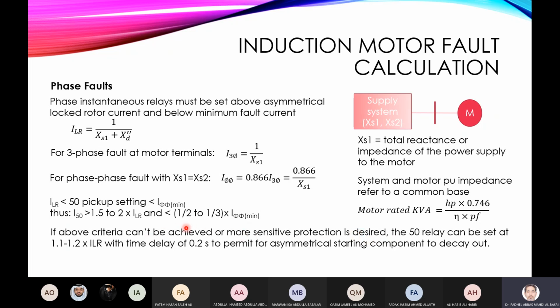Sometimes if you want to have a delay of 0.2 seconds, I can increase the sensitivity, so instead of 1.5, I can go to 1.1 or 1.2 of the lock rotor current.